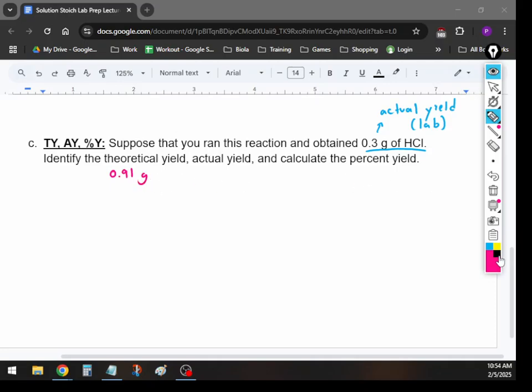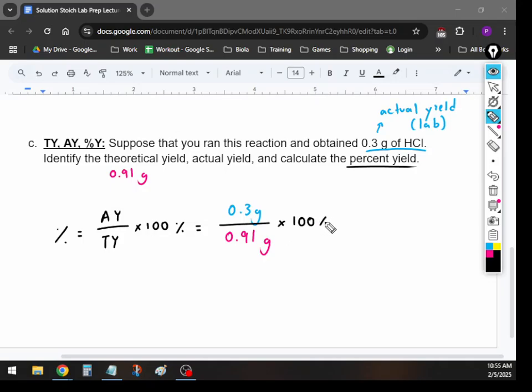And then lastly, to calculate the percent yield, this is the formula. The percent yield is the actual yield divided by the theoretical yield times 100%. So what you would do is you take your actual yield, what you guys got in the lab, so 0.3 grams, divided by your theoretical, the number you got from your stoich, 0.91 grams, and then you multiply that by 100%.